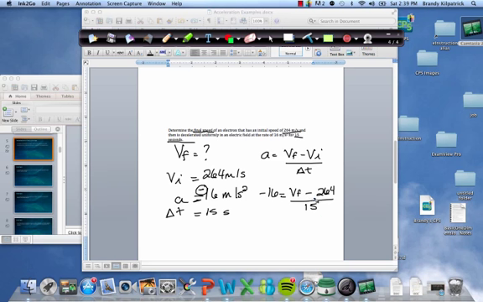So the first thing I need to do is multiply both sides by 15. To get rid of the 15, I'm dividing here, so I need to multiply to get rid of it. Remember, always do the opposite. Negative 16 times 15 should give you negative 240.